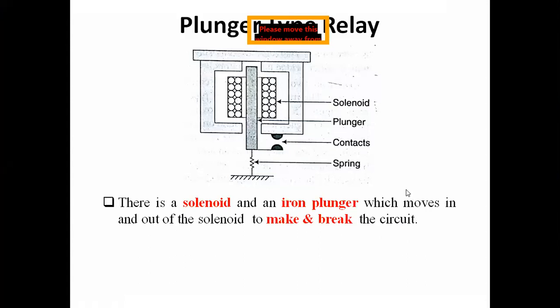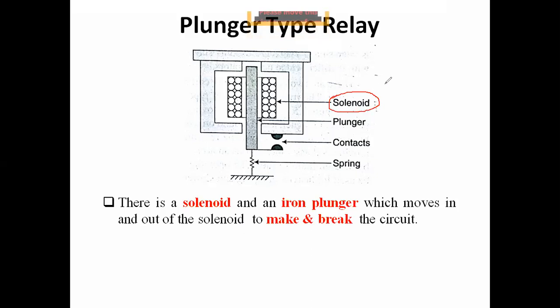Just like your circuit breaker. In a circuit breaker, we have a trip coil and a plunger, and when the trip coil is energized, it will pull the plunger. For normal rated condition, when normal current passes through the solenoid, nothing will happen.